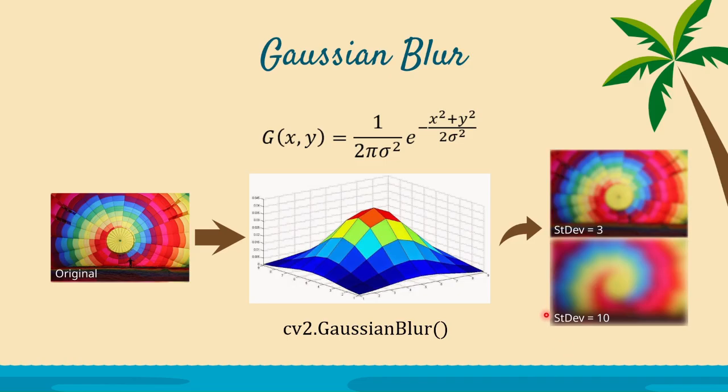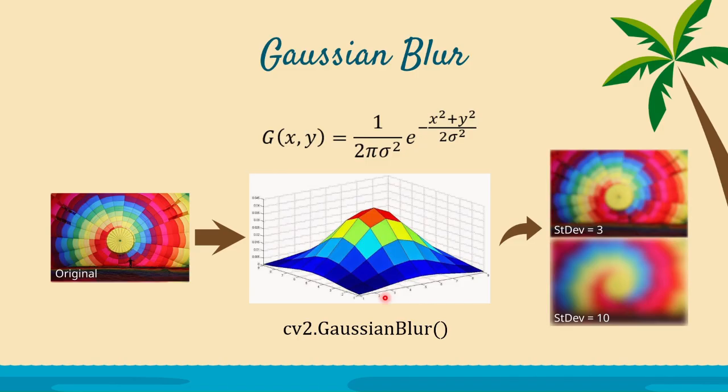Okay, first let's discuss Gaussian blur. Gaussian blur is a fundamental method in image processing used to smooth images by reducing noise and fine details. It works by applying a Gaussian filter, which is based on the Gaussian function. This creates a Gaussian distribution that determines how the surrounding pixel values contribute to the final output for each pixel.